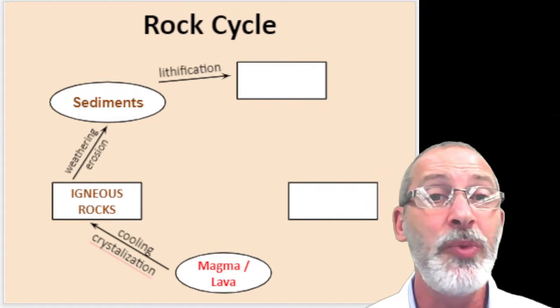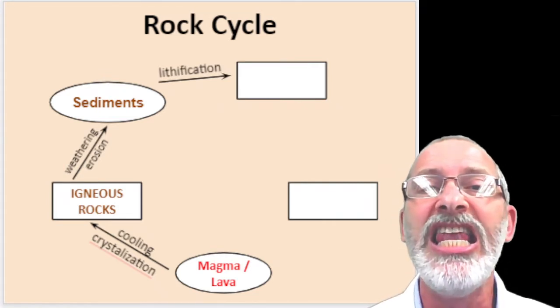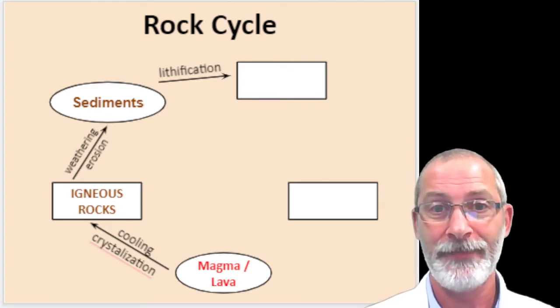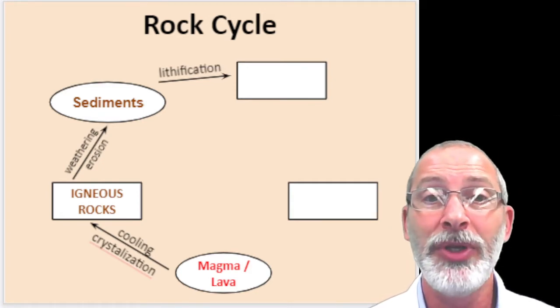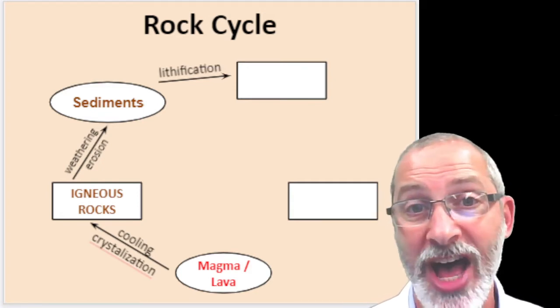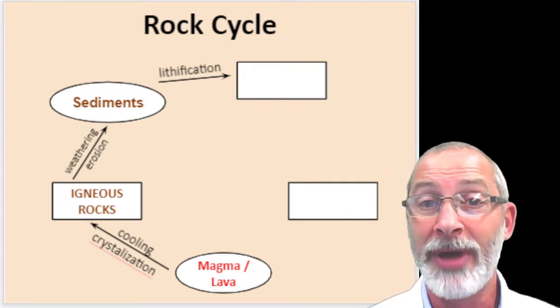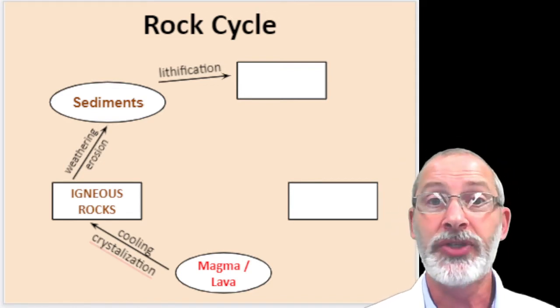This is a fancy word, but you should be familiar with it. It's called lithification. I love that word. Lithification. To lithify something is similar to the word petrify something. To petrify something, you might know, if you think of petrified wood, means to turn it into stone.